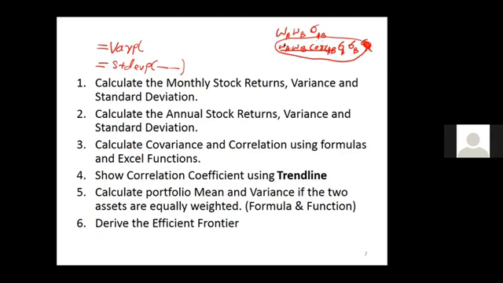So then the third step was to calculate covariance and correlation using formulas and Excel functions. In that case, we have options now. Using the Excel functions, we can estimate the correlation coefficient. Using the Excel function, we can estimate the covariance value.